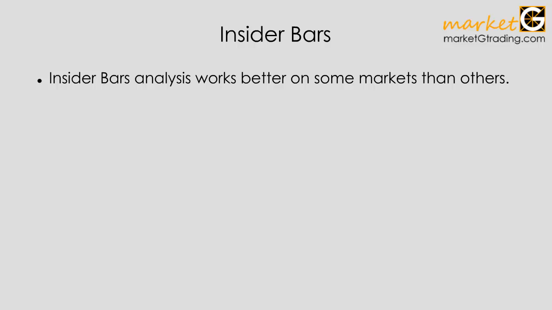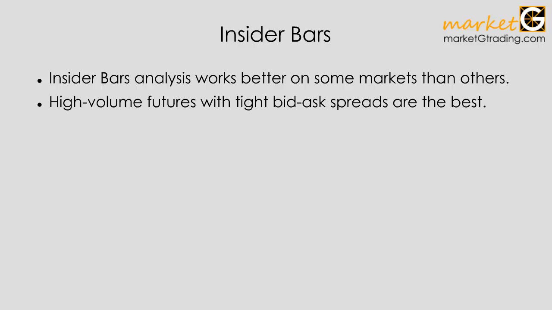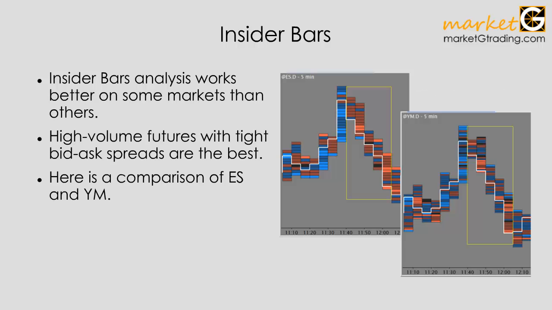We're covering a lot of stuff here. Insider bars works better on some markets than on others. High volume futures with tight bid-ask spreads are the best. Here's a comparison of two stock indices to give you an idea of this. ES is S&P futures and YM is Dow Jones futures.